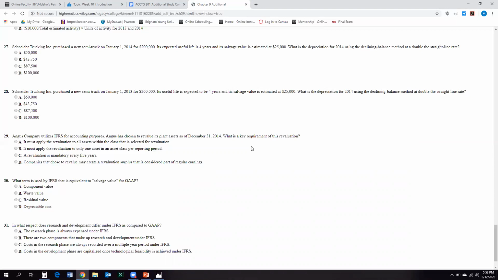So IFRS is just the International Financial Reporting Standards, as opposed to the United States standard. I'm just looking at the end of the chapter trying to see where she saw it. I can tell you the page.